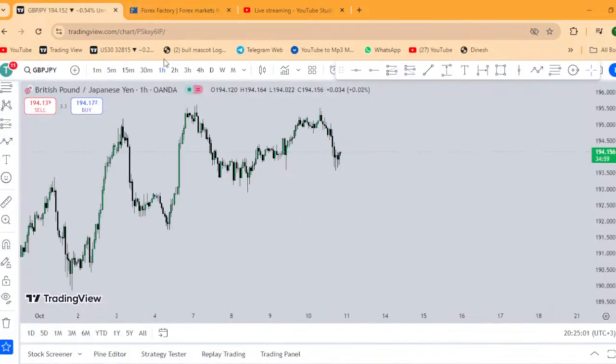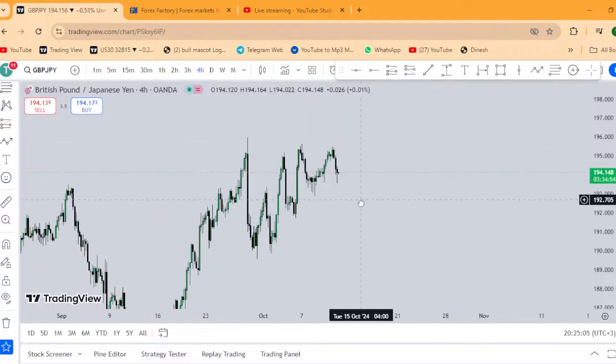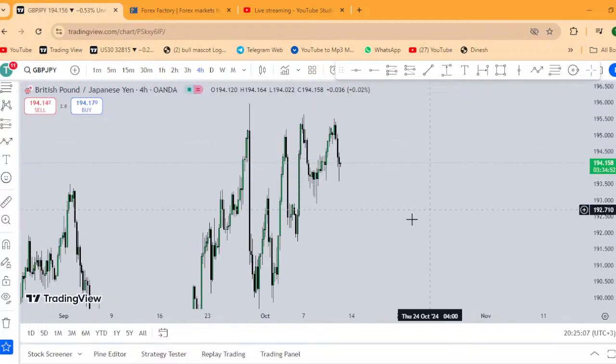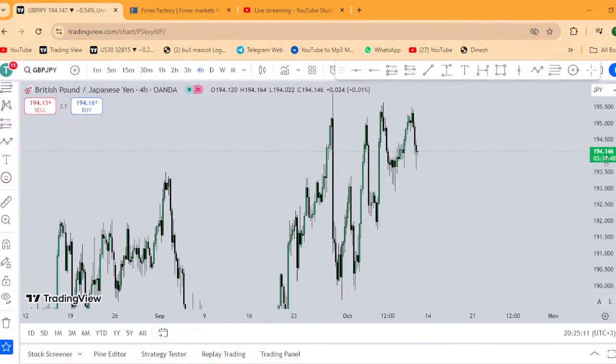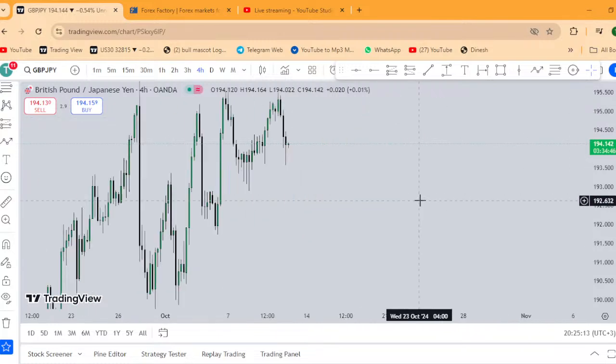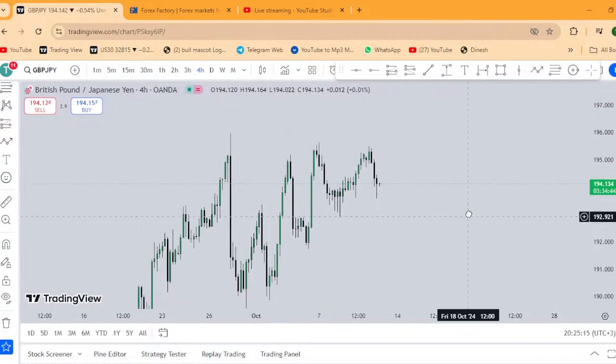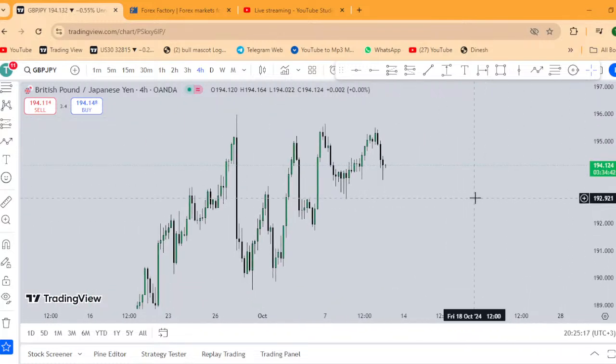So this is the GBP JPY, and let's use the same concept and see how we can break it down. Remember, we said the first step to approach your technical analysis is to identify momentum.